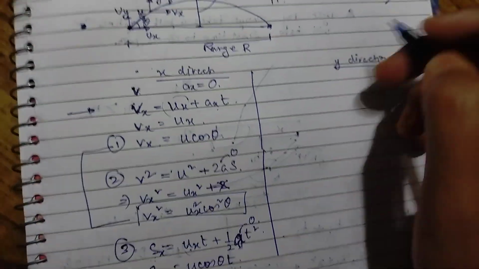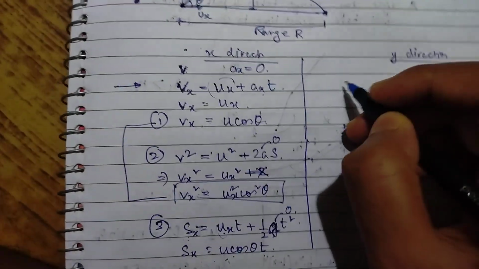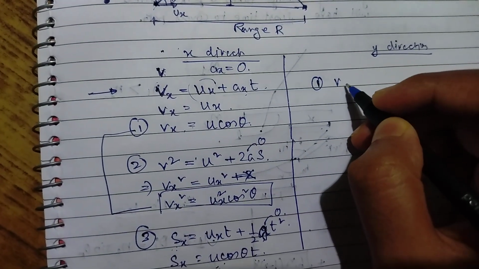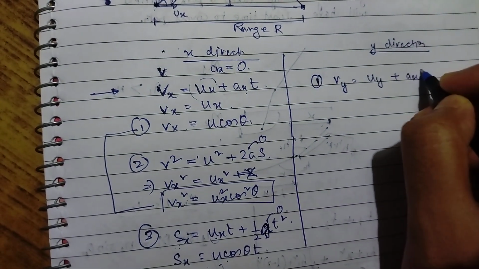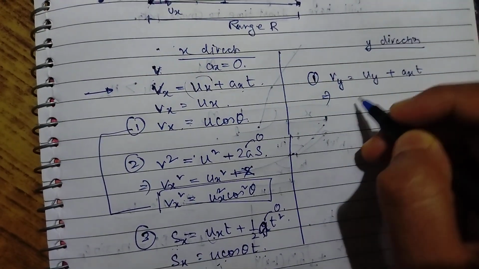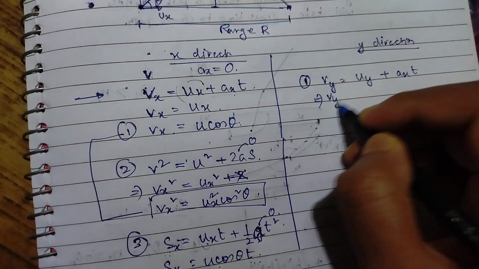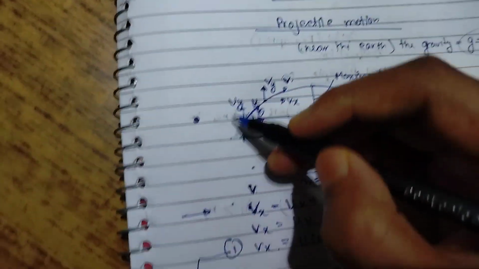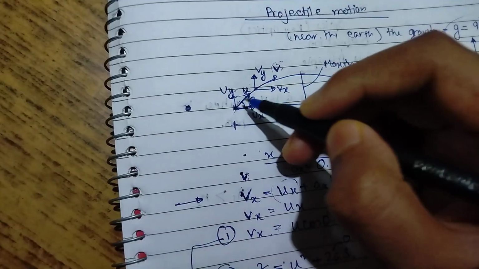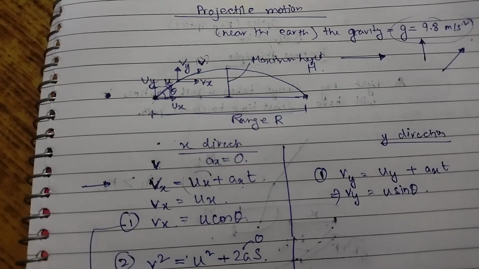Okay, we will write in the y direction as well. Same equations. Vy is equal to Uy plus Ay t. Uy is U sin theta, the sine component, the y component, or we can say the vertical component.